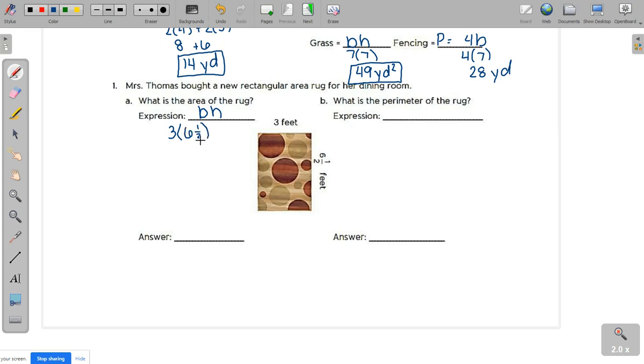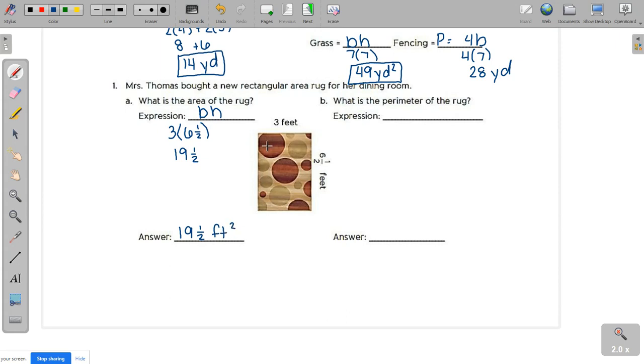We are going to multiply. So when we multiply this, we get 19.5. So the area of the rug is 19.5 feet squared.